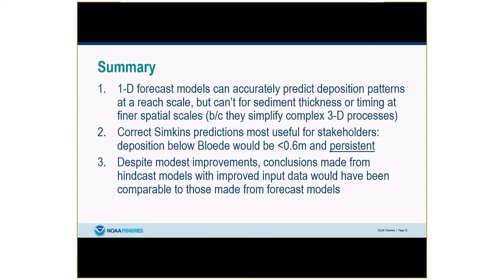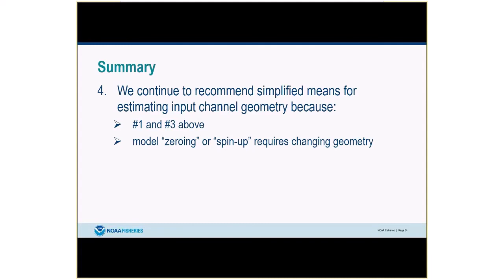1D forecast models really only accurately predict things at a reach scale, and because of that, when you get modest improvements with hindcast models, they're only so helpful. But maybe even more important, when you do this kind of modeling, you always have what's called a model zeroing or spin-up process, where the modeler actually has to change channel geometry so that the model can accurately simulate existing conditions.